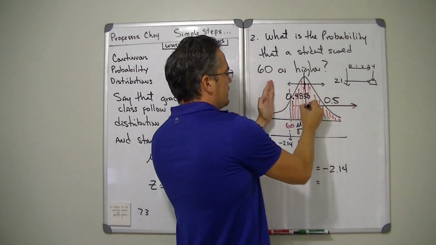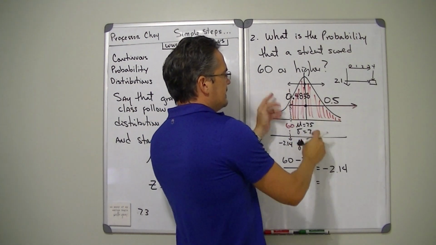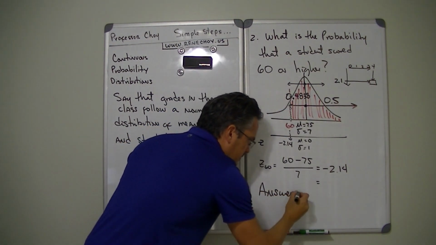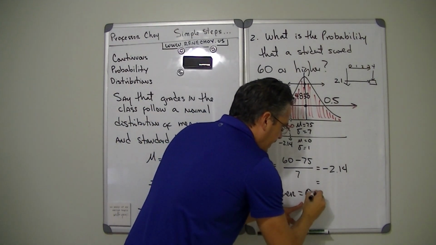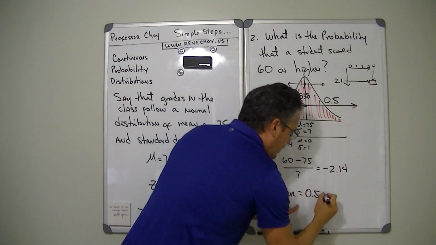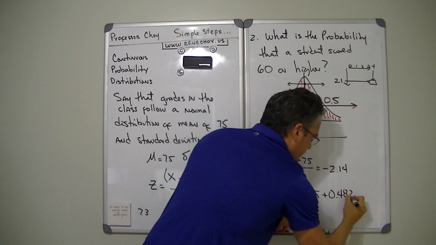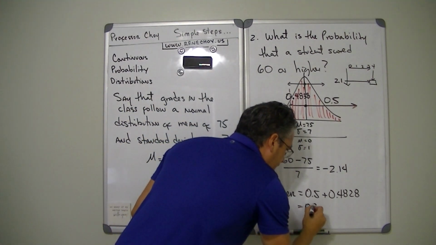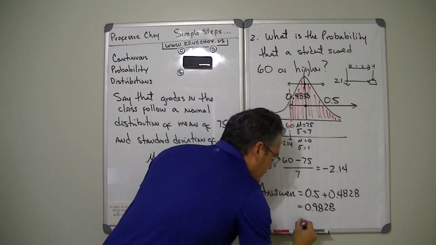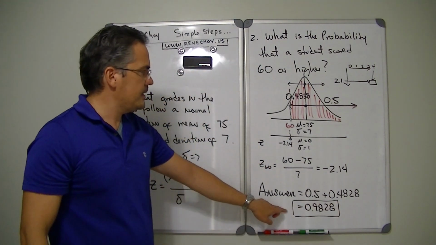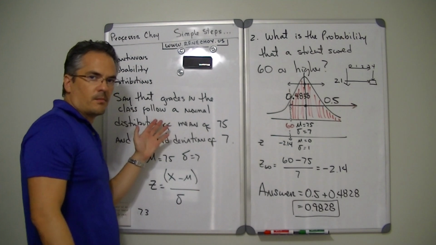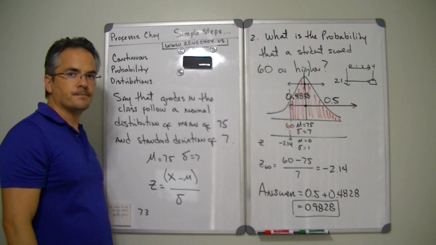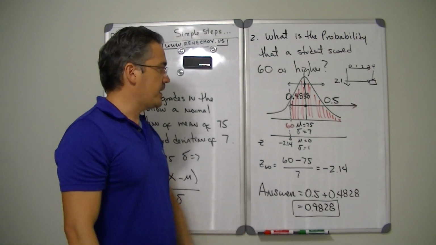And since now we know that the probability between the center and 60 is that number, then the answer to my question is equal to the 0.5 that I know here plus 0.4838, and that gives me 0.9838. And that is the probability on this graph with these numbers that somebody scored higher than 60 on this exam.